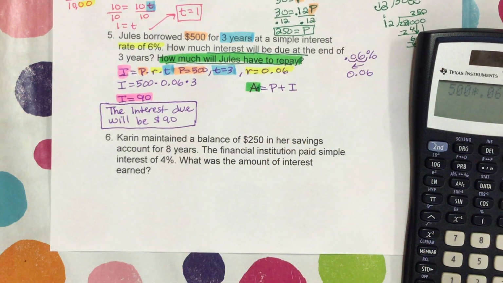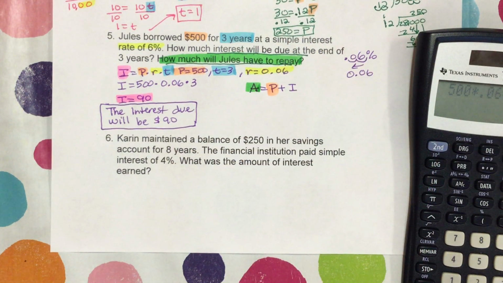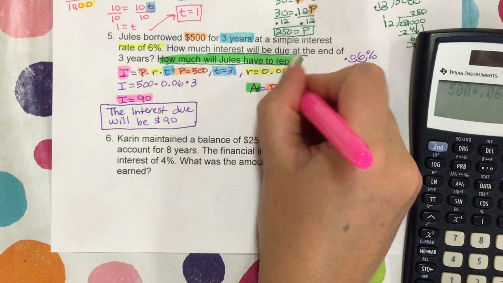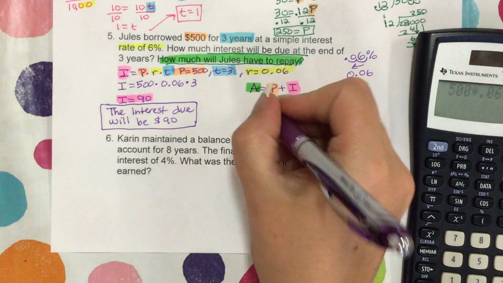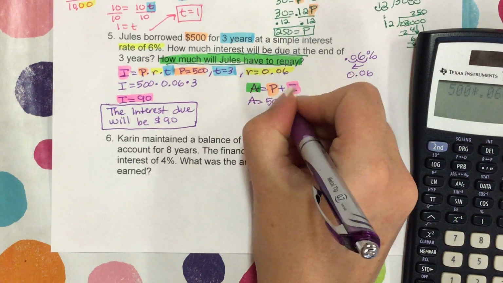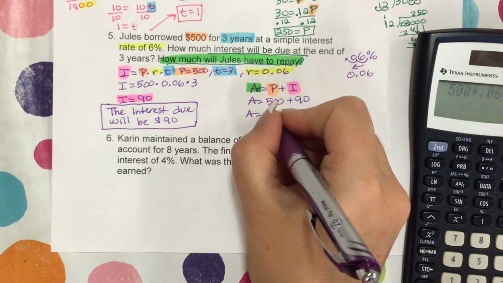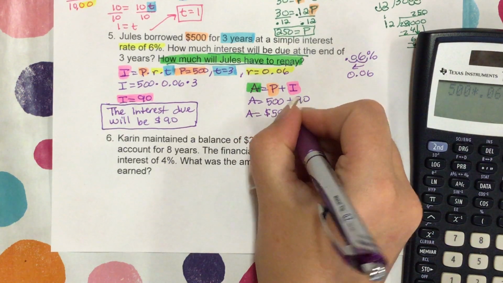All right. We know the principal. The principal is $500, and we just determined the amount of interest, which is $90. So we're just going to go ahead and substitute those values in for those variables. So 500 plus 90 means that the total amount is $590.